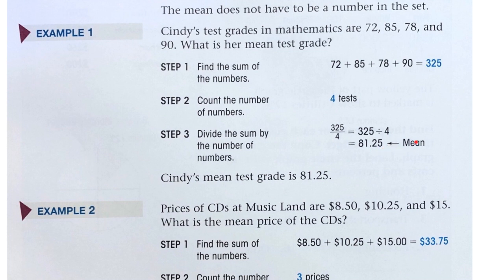Now the mean for Cindy's test grade is 81.25. So the average mean with her 4 tests is 81.25. Let's look at another one.